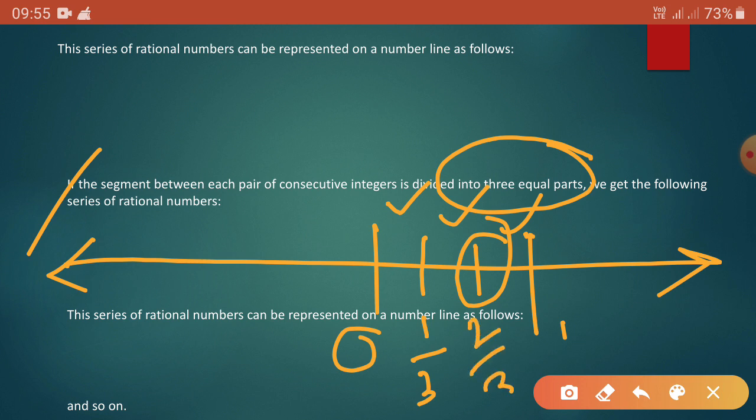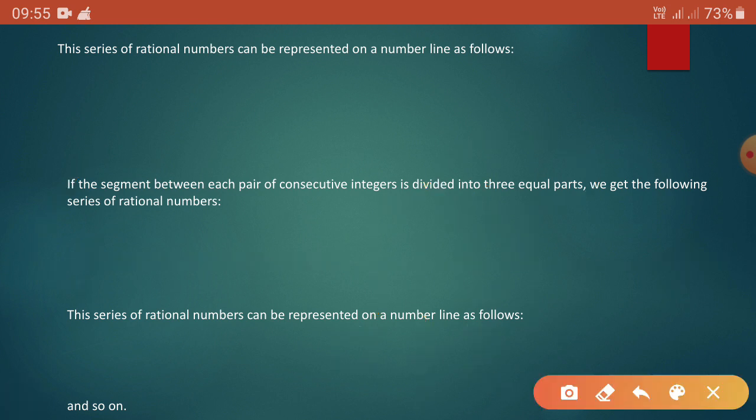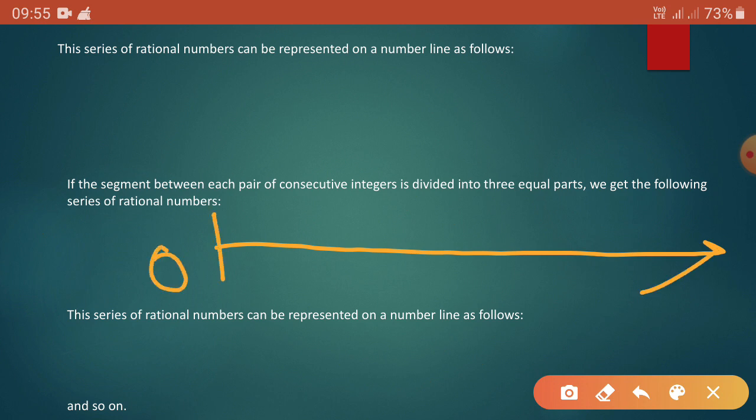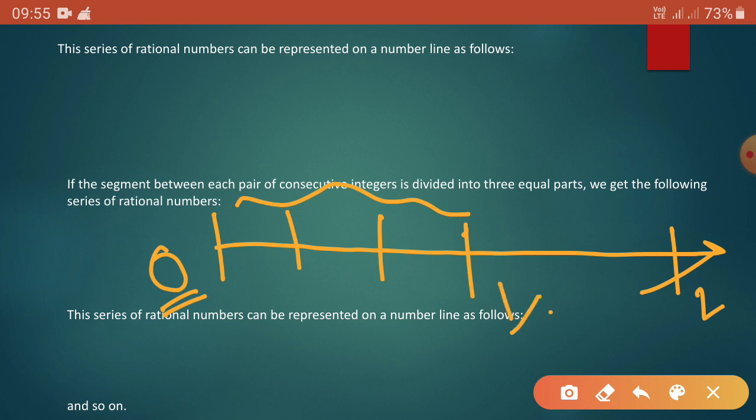Got it? So if we extend this picture, this is 0, this is suppose 1, this is suppose 2. So we are dividing this segment into three equal parts. We know this is 0 and this is 1.